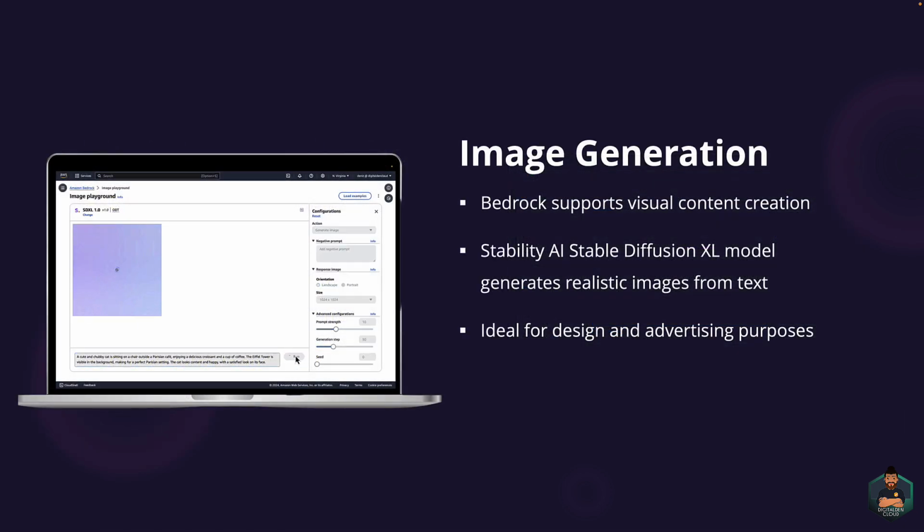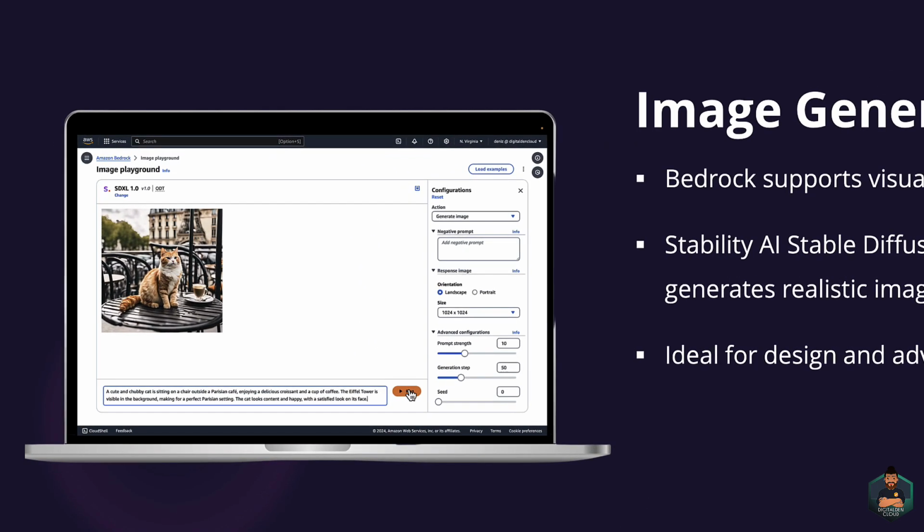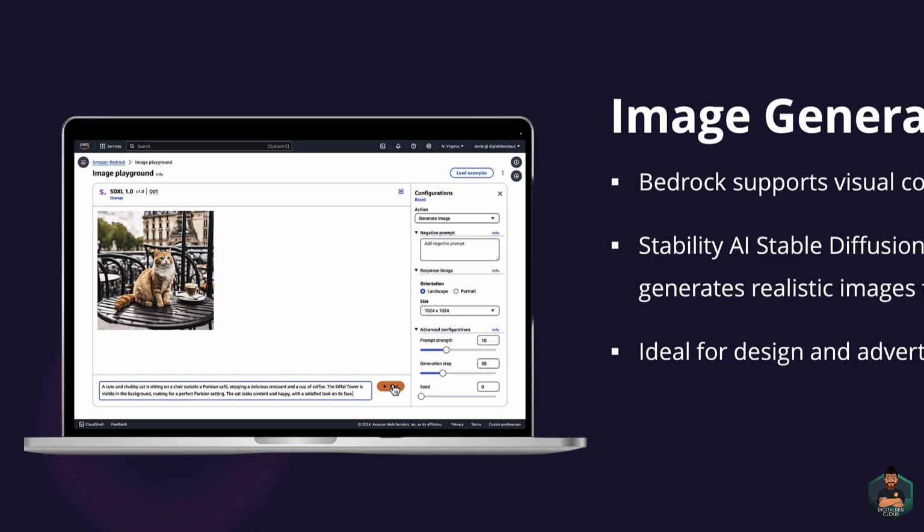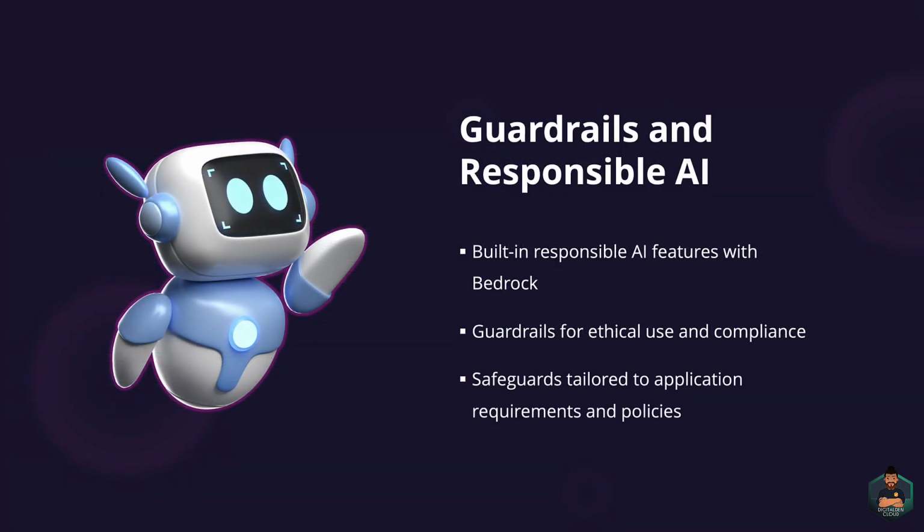The Stability AI Stable Diffusion XL model can create realistic images based on text descriptions, useful for design and advertising. While these powerful capabilities offer many possibilities, Amazon Bedrock also provides built-in responsible AI features known as guardrails. These guardrails help implement safeguards tailored to your application requirements and responsible AI policies, ensuring ethical use and compliance with relevant standards.